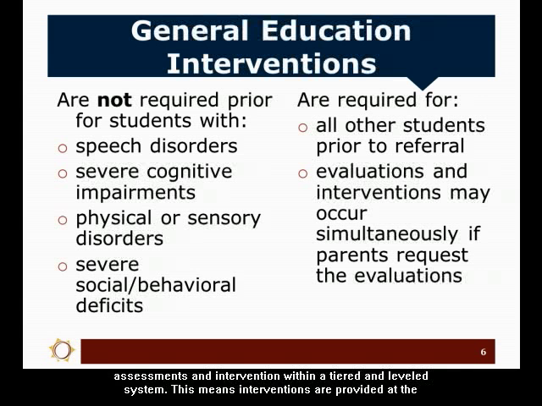This means interventions are provided at the school, classroom, and/or individual level. RTI is a systematic approach to try to maximize the student's achievement and reduce behavior problems. But RTI cannot be used to delay the evaluation process if the evaluations were requested by the parent. In those situations, and in a few others, RTI and evaluations should occur concurrently.